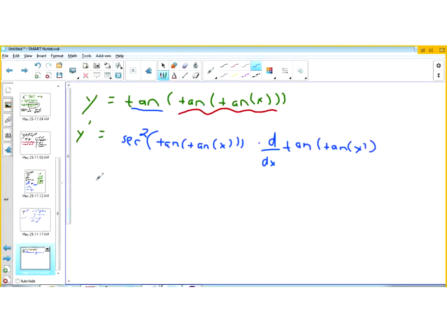Okay, and now we have to clean up the derivative. So that would equal to secant squared times the tangent of x.